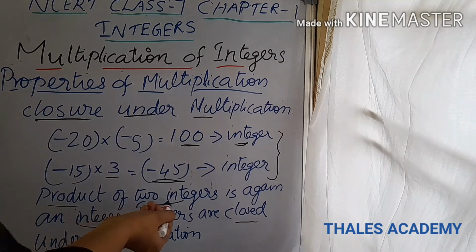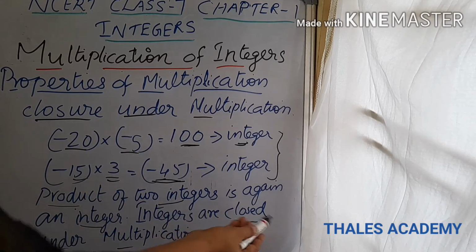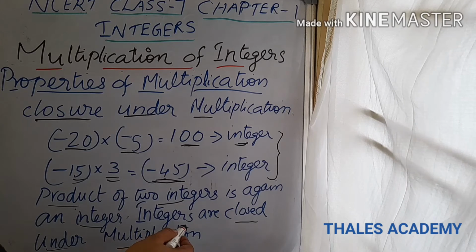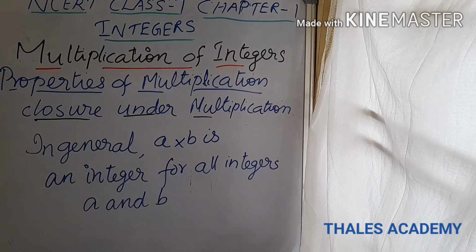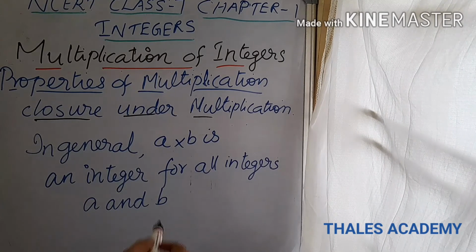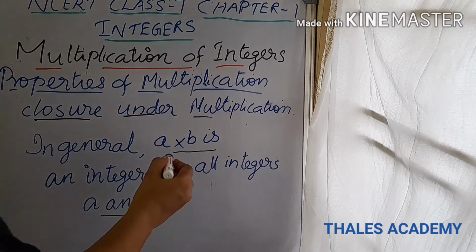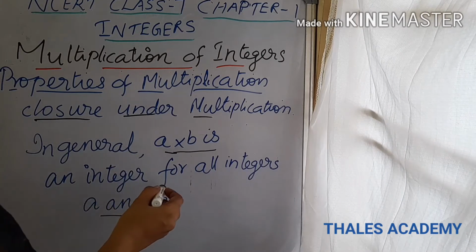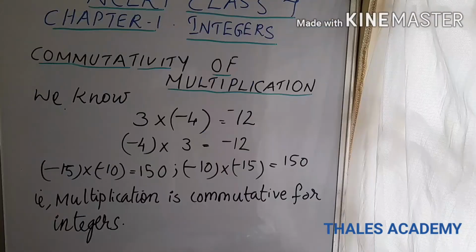So, the product of two integers is again an integer. Integers are closed under multiplication. That is, in general, a into b is an integer for all integers a and b.